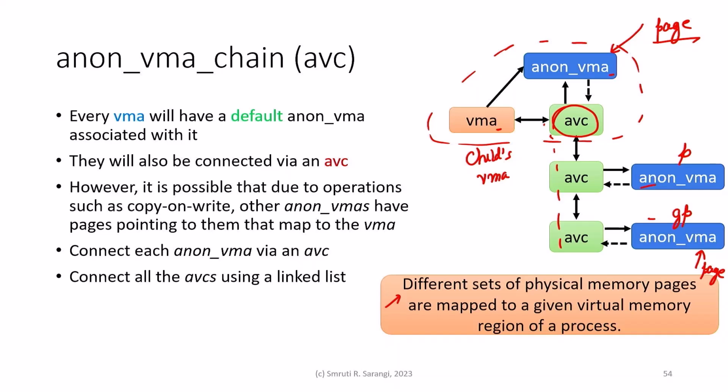All of those connections will be established via an AVC, where an AVC connects a VMA and an Anon VMA, right? So far so good. And the main idea here is that all of these AVCs are connected as a chain. Is that clear? So far so good.